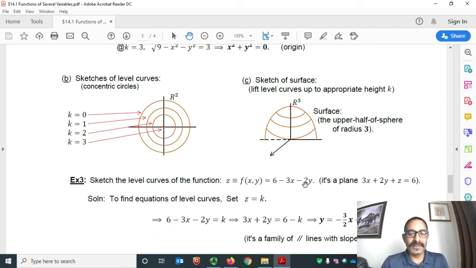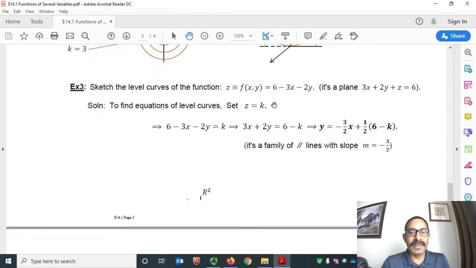So now let's move on. Example 3. Sketch the level curves of the function f equals 6 minus 3x minus 2y. By the way, it's a plane: 3x plus 2y plus z equals 6. Now the solution. Let's begin. To find the equation of the level curve, set z equal to a constant k.